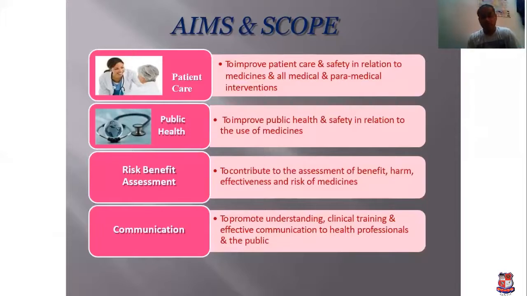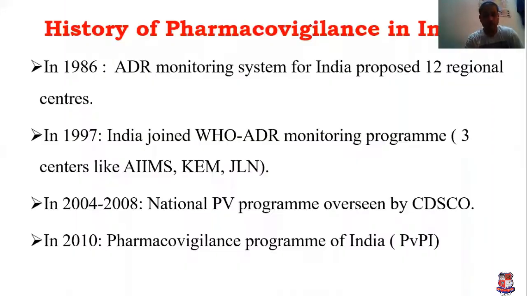By knowing the phytopharmacovigilance of the drug, we can communicate to the people and give clinical training to the health professionals, and they will come to know the effect of the drug before prescribing or dispensing to the public. So these are the very important scope of phytopharmacovigilance. We can achieve patient care, public health, risk benefit assessment and communication for the health professional by knowing the phytopharmacovigilance.